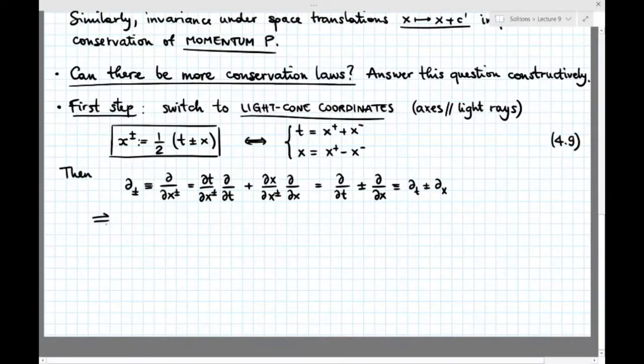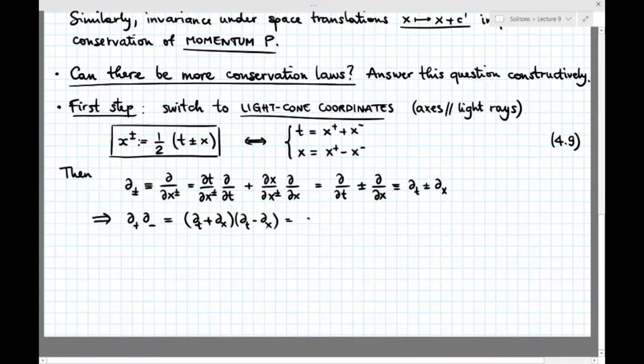And therefore, from this, we can immediately conclude that a partial derivative with respect to x plus times partial derivative with respect to x minus is the same as dt plus dx times dt minus dx.